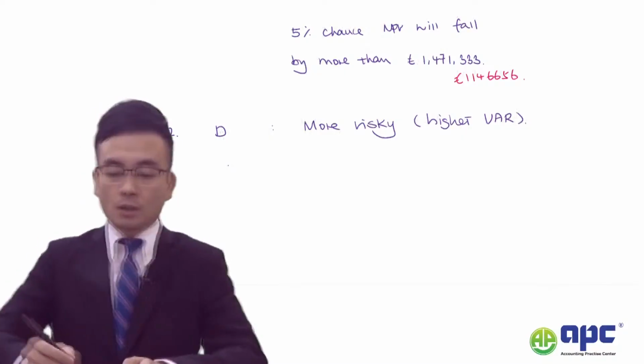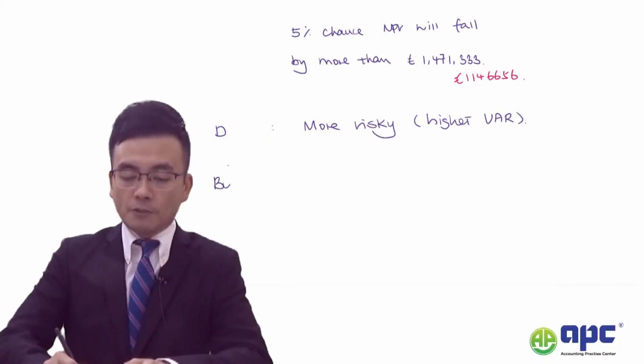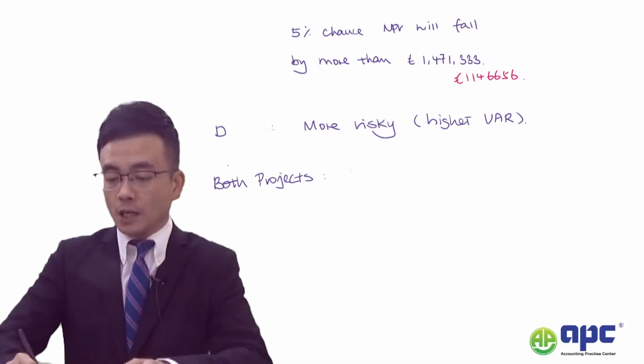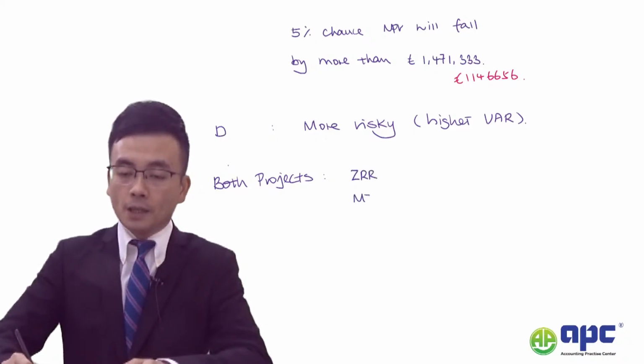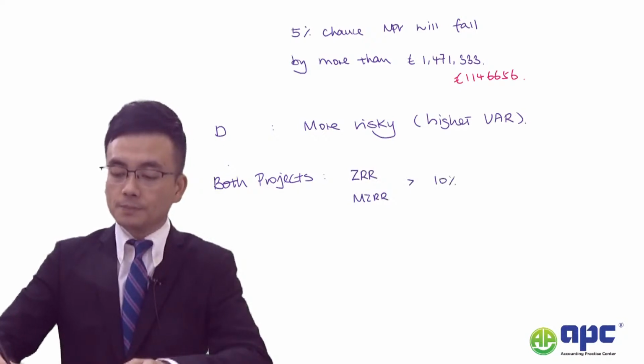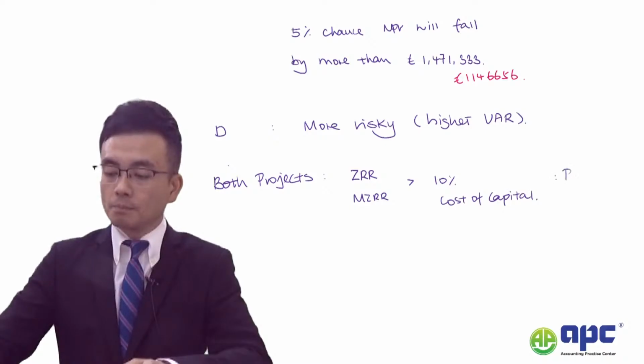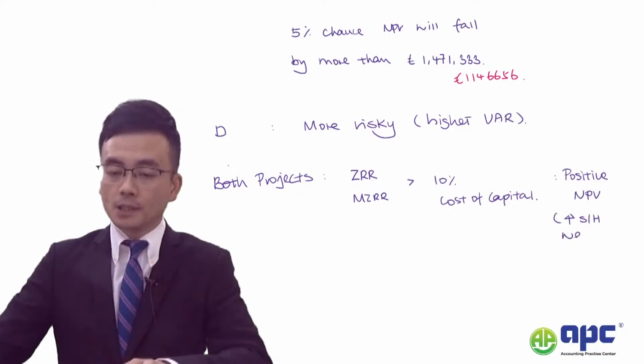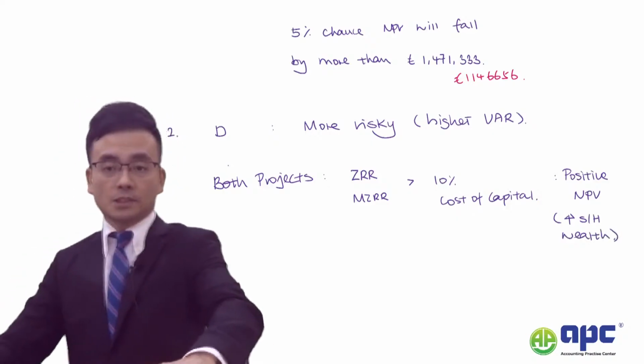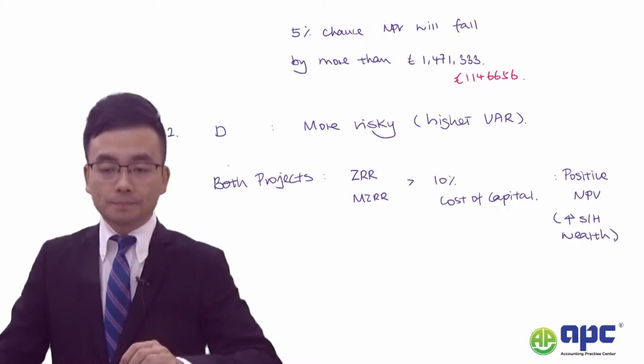So I would say that although both projects related to the IRR and MIRR will be higher than the 10% cost of capital, that's why both projects will give us the positive NPV and will increase shareholders' wealth here. So it's fine. There's no difference. Seems to me that there's no difference for that.